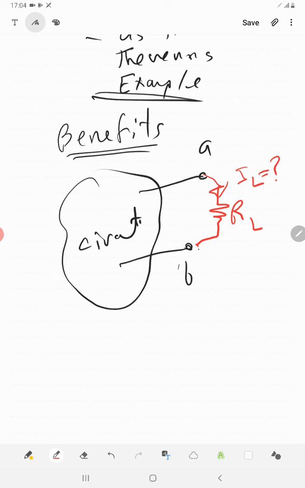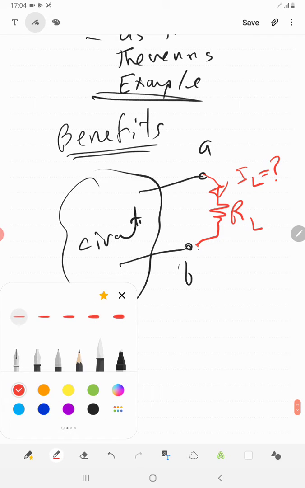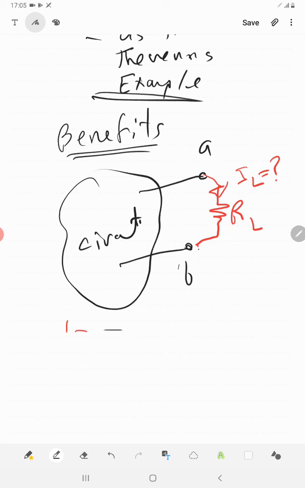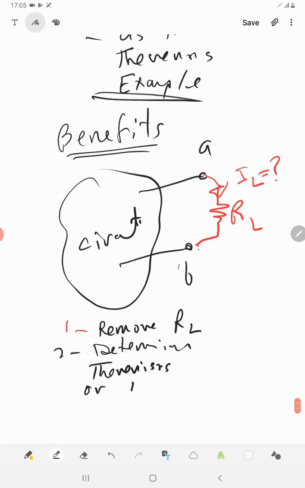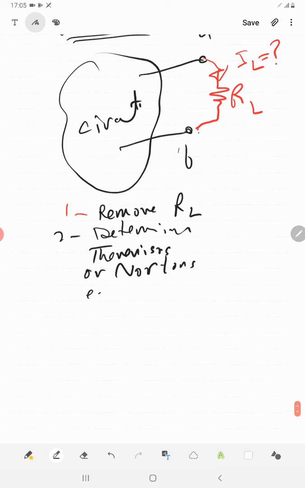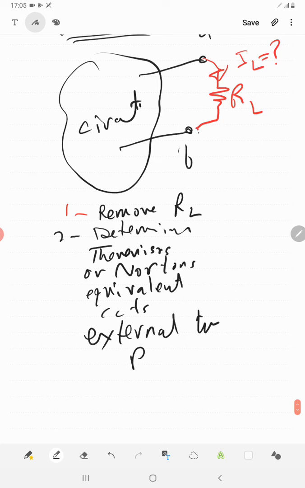So what we do, number one, remove RL. Number 2, determine Thevenin's or Norton's equivalent circuits external to R load.